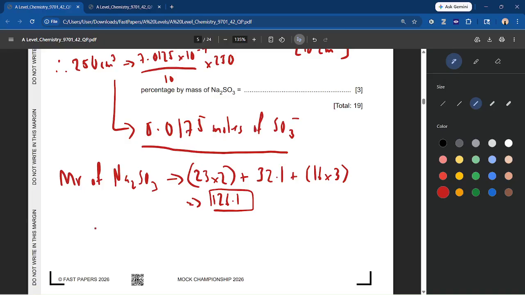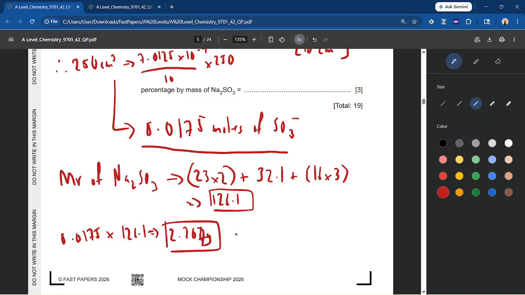Now let's find the mass of sodium sulfite that was actually in the sample. 0.0175 times 126.1 gives us 2.206 grams. Actually, it's going to be 2.207 if you round it.